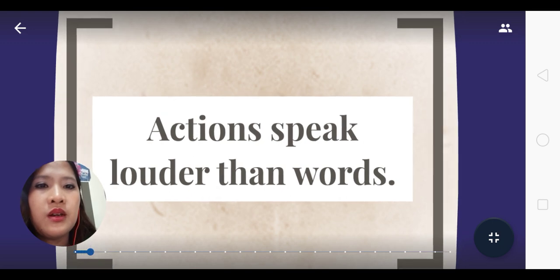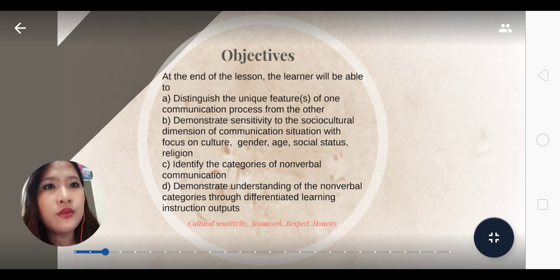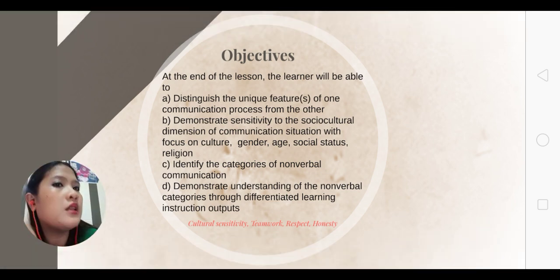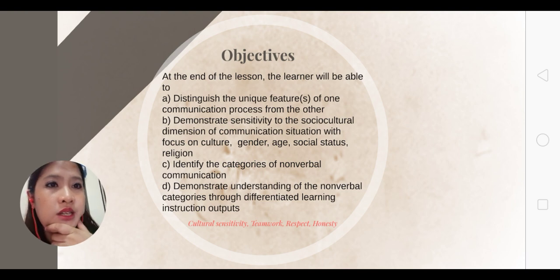So, moving on. Our objectives at the end of this mini course or lesson: the learner will be able to distinguish the unique features of one communication process from the other, demonstrate sensitivity to the sociocultural dimension of communication situations with focus on culture, gender, age, social status, and religion, identify the categories of nonverbal communication, and demonstrate understanding of the nonverbal categories through differentiated learning instruction outputs.